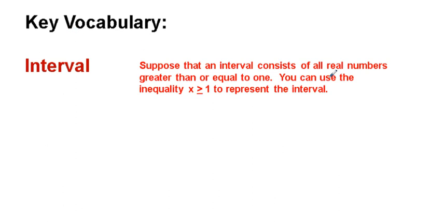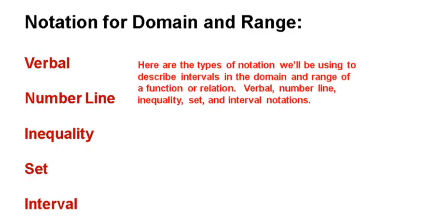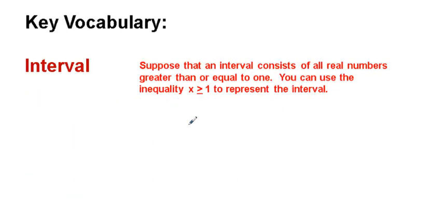Suppose that an interval consists of all real numbers greater than or equal to 1. You can use the inequality x ≥ 1 to represent the interval. So what does that look like? Let's go back and draw a number line. 1 is the critical number here.